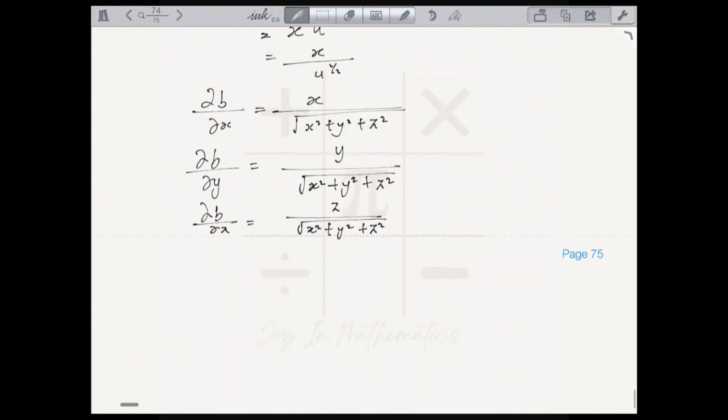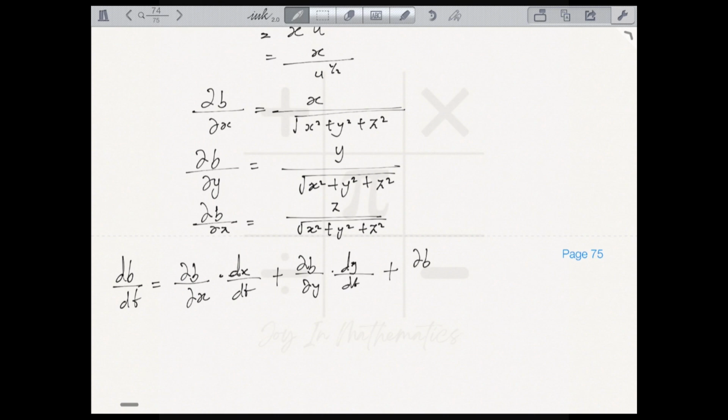Therefore, we can now go back to our expression of dB/dt, which is dB/dx multiplied by dx/dt plus dB/dy multiplied by dy/dt plus dB/dz multiplied by dz/dt.